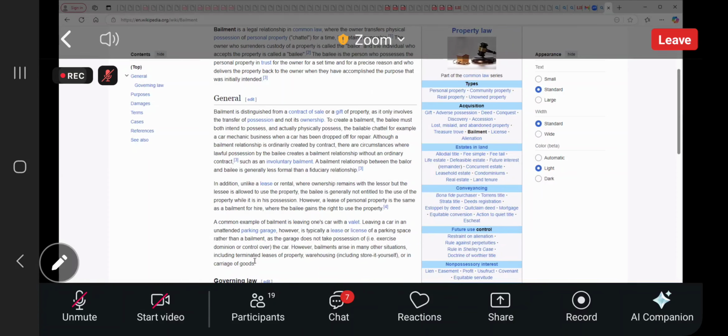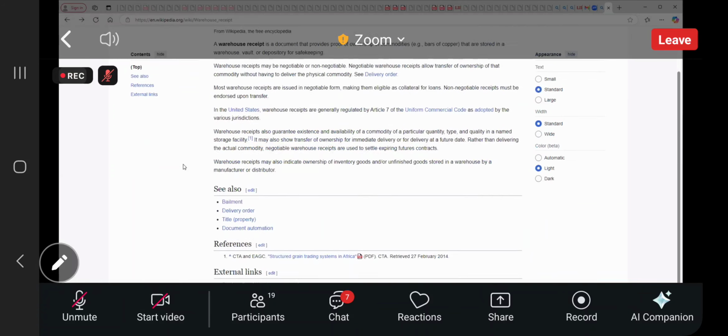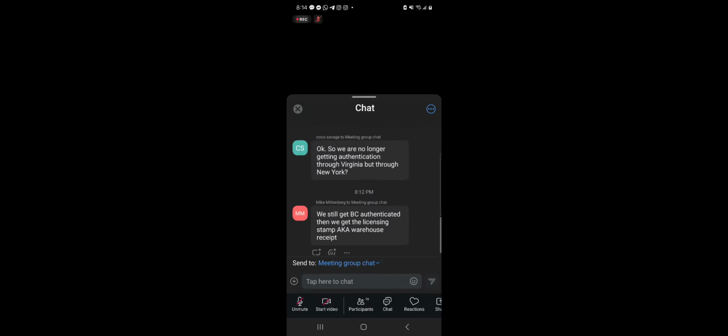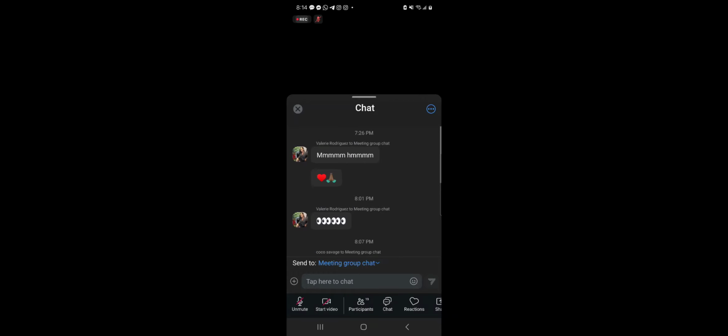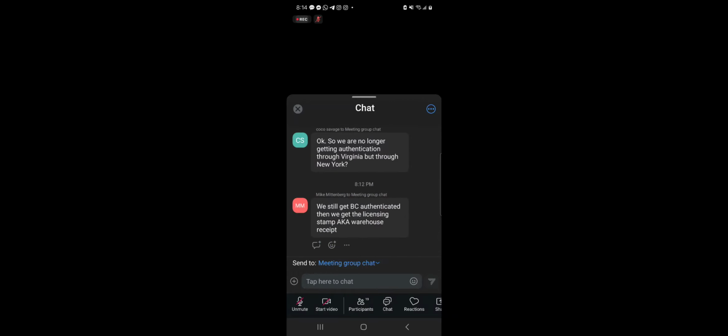So again, this is something that you can go deep down the rabbit hole with, because we started out with warehouse receipts and then we went into bailment. By going down here, you can press delivery order, you can press title, you can press document or automation, and it would give you what it is in public record.